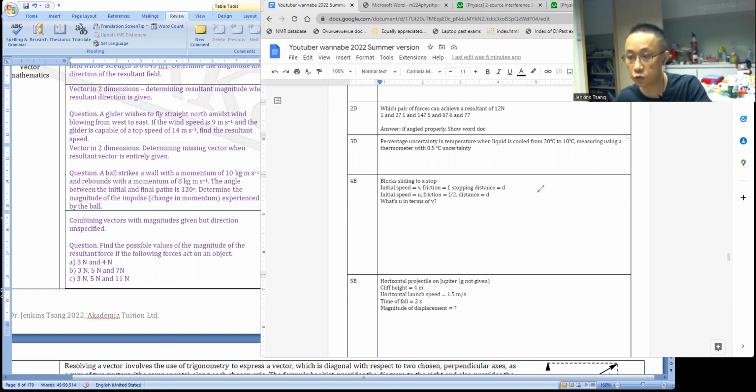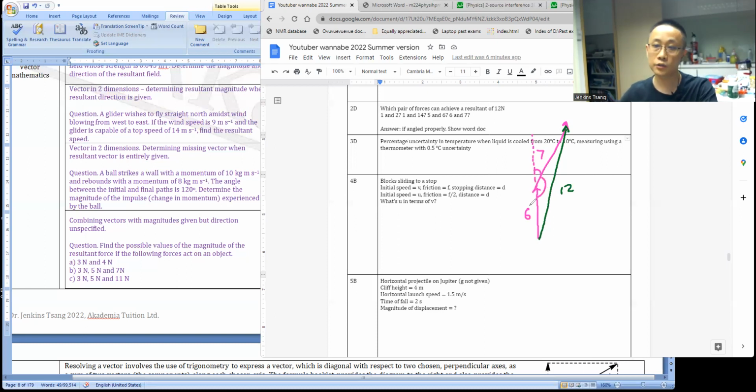To get a resultant of 12, what you can do is to angle the two forces in a way, actually, the arrow is a little bit off, so that when you complete the vector triangle, the magnitude of the resultant becomes 12. And you can figure out the angle between the two vectors by using some trigonometry, such as the cosine rule or sometimes the sine rule.